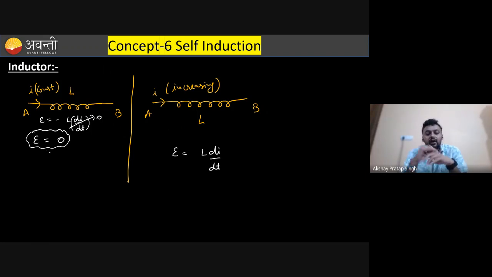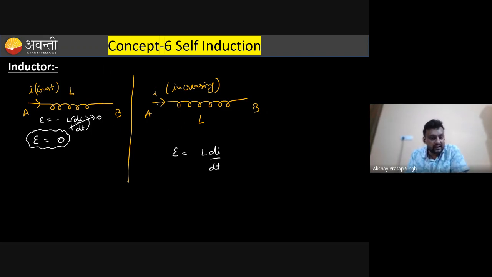Now look at me. What will happen? Listen to this point very carefully. This inductor will create some EMF and will behave as a cell, such as to oppose the increasing current.